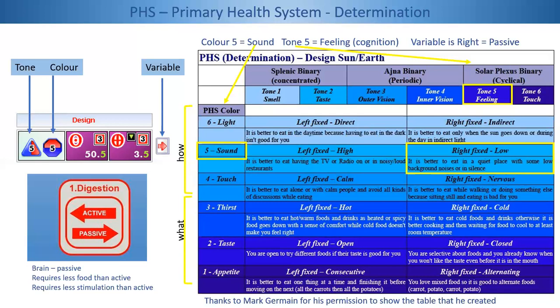And this variable is right, which means this is somebody who has a passive brain, passive digestive system, passive in the body, and requires less food than an active, maybe requires less stimulation than an active. Passive is, again, I'm not going to go into the details of all of these, but the active or passive are the two polarities of this, and they work very, very differently.